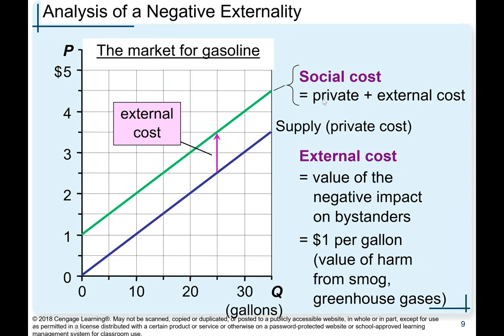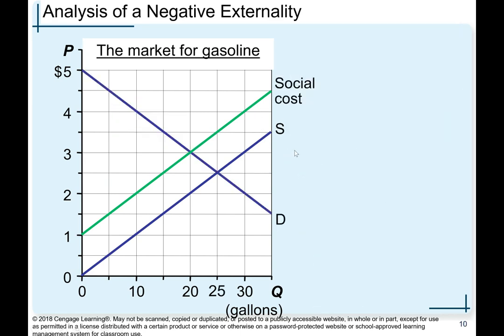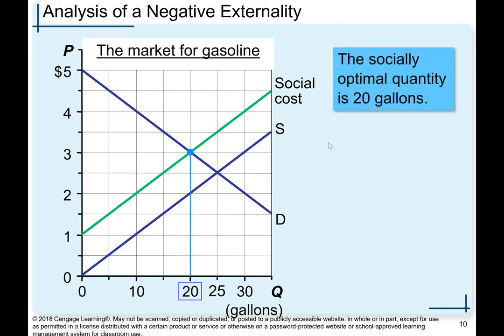Social cost is the private cost plus the external cost. Now, that is the true supply curve. If you impose the demand curve, then the social optimum quantity is 20 gallons. The social optimum quantity is 20 gallons, not 25.